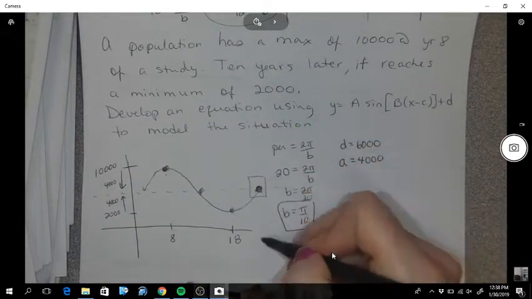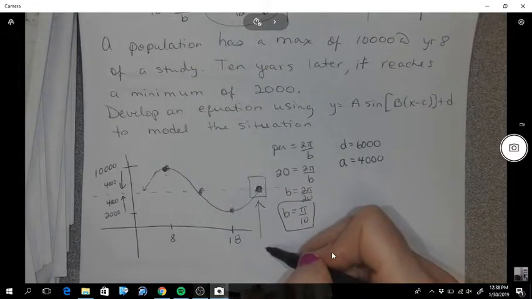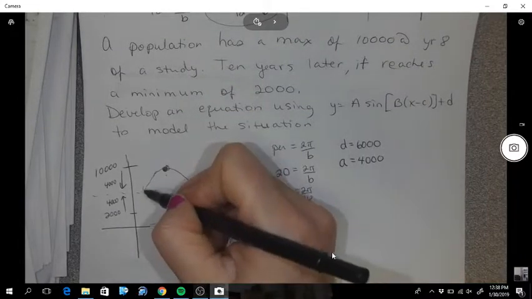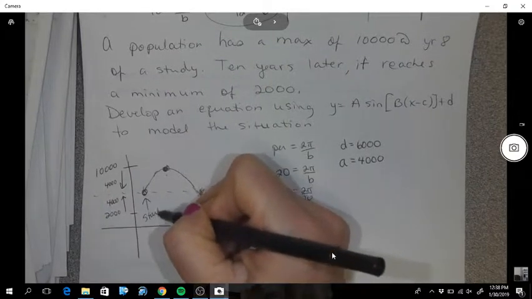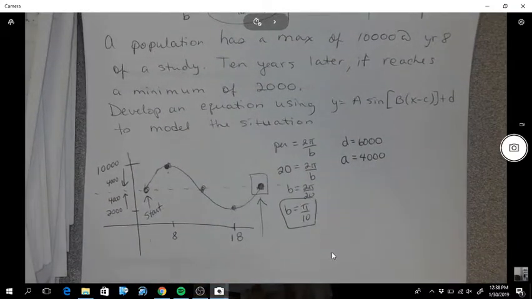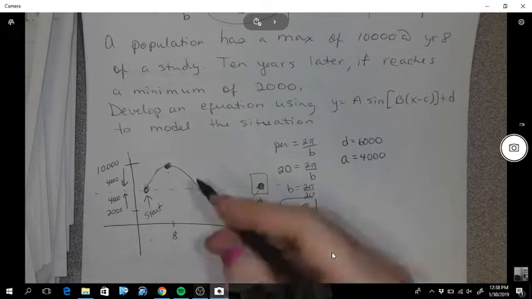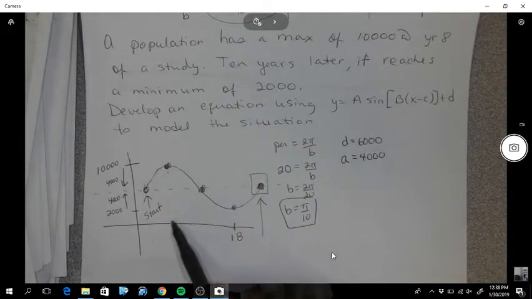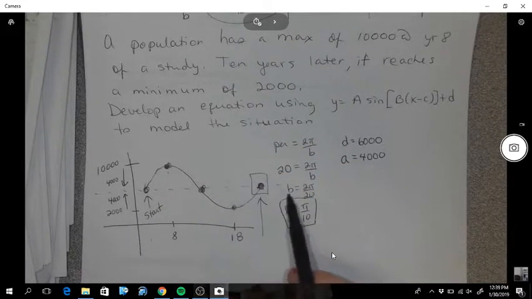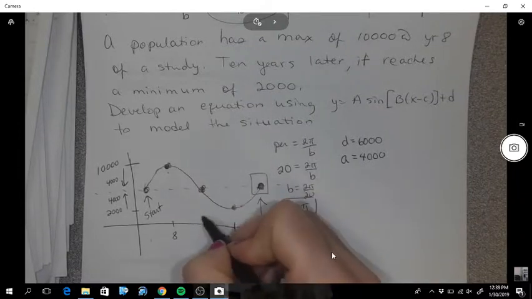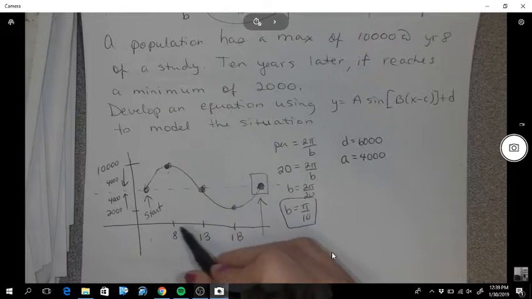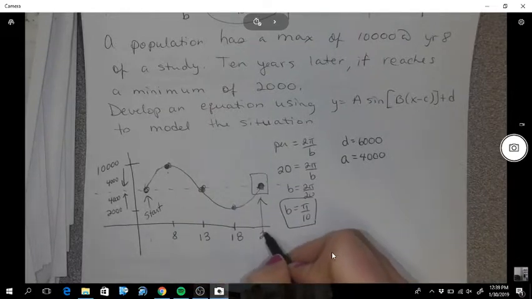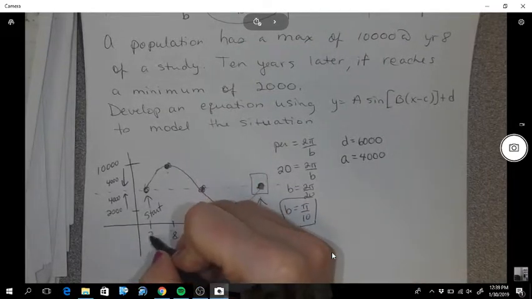You could go from here, or you could make your starting point here. But how do we find those x values there? Those x values would be in the middle of these increments. So for instance, this one would be 13, because these are 10 apart, so 5, 23, or 3.